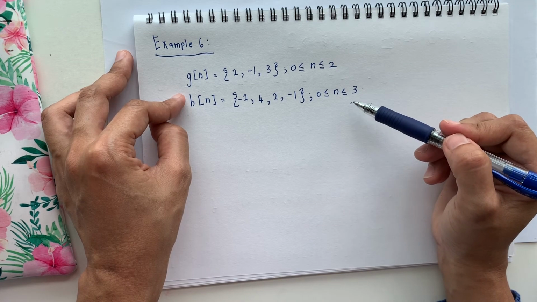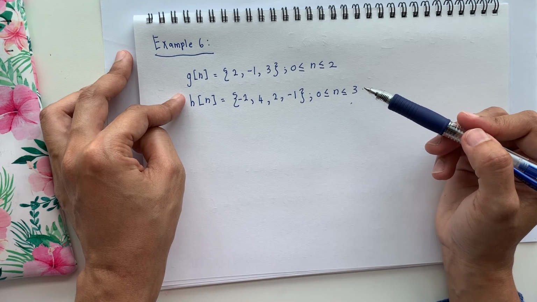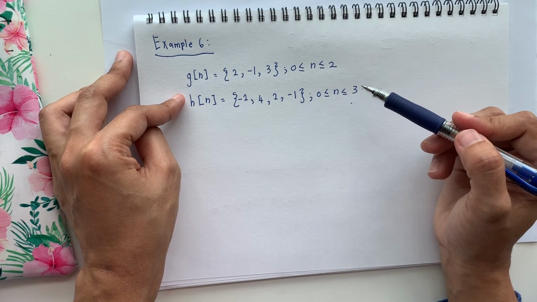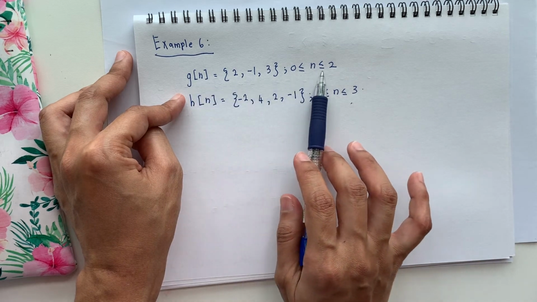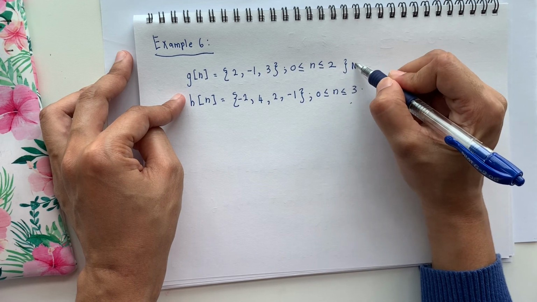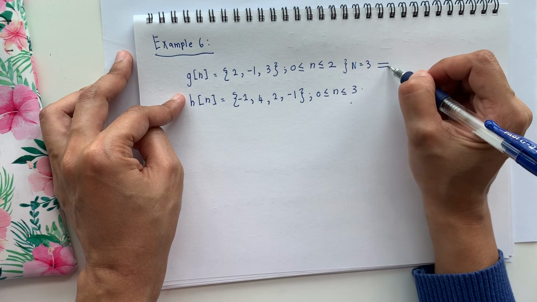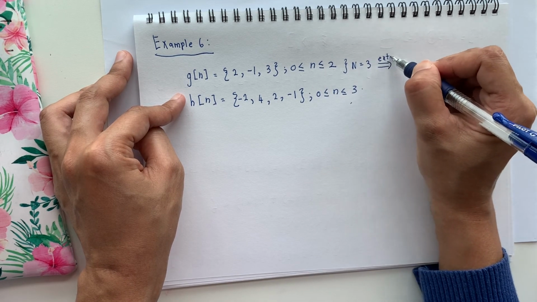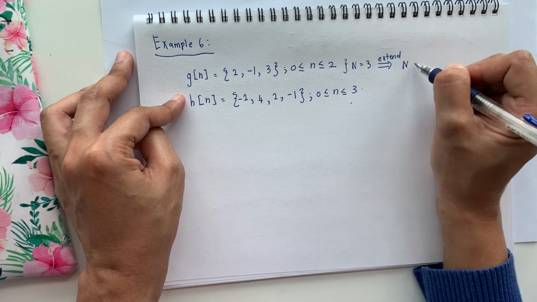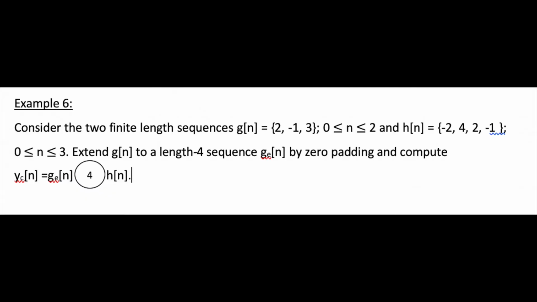So what the question already states is that you need to extend Gn to a length 4 sequence. If you look at this, Gn is a length 3 sequence, meaning the capital N is equal to 3. So what you have to do is extend your N equal to 3 to become N equal to 4. So go back to the question. You need to extend the Gn to become Gen by zero padding.